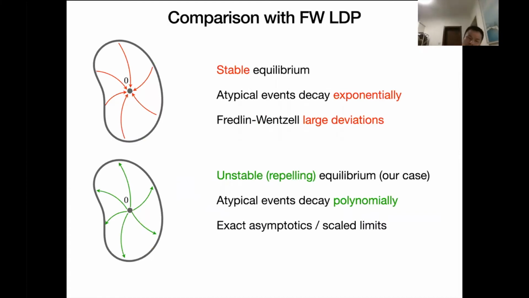So you have a strong contraction of vector fields, and it can be expected that atypical events are going to decay exponentially in epsilon as epsilon goes to 0. However, in our case, we have an unstable and in fact repelling equilibrium, and we are going to see that atypical events in our case decay polynomially, and we are going to get exact asymptotics and scaling limits.